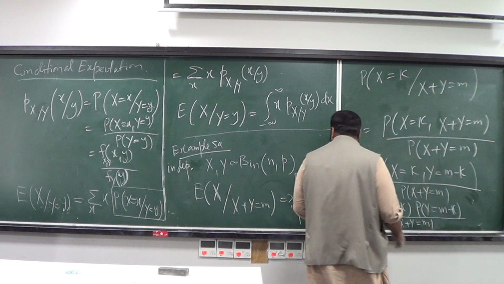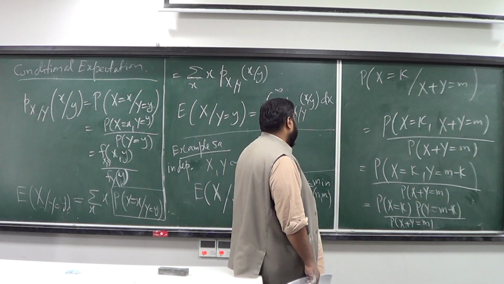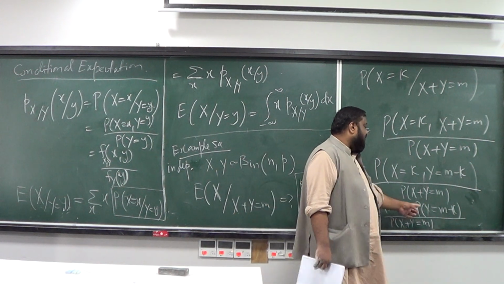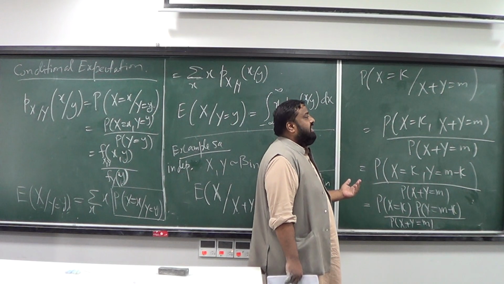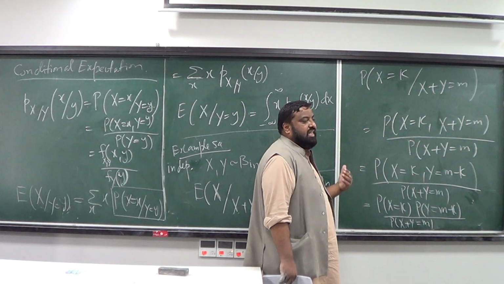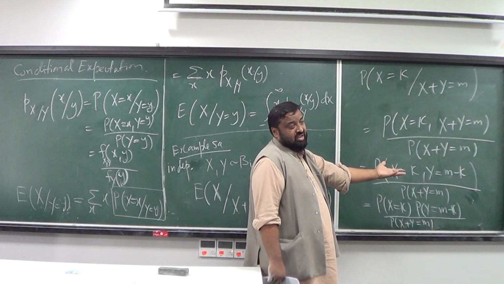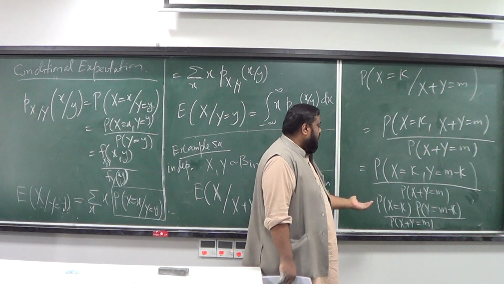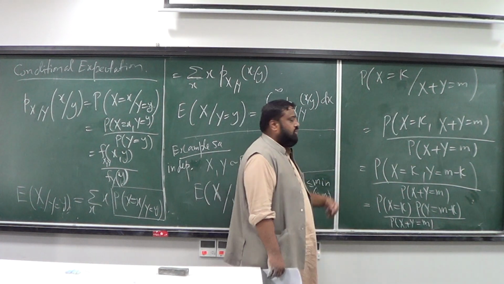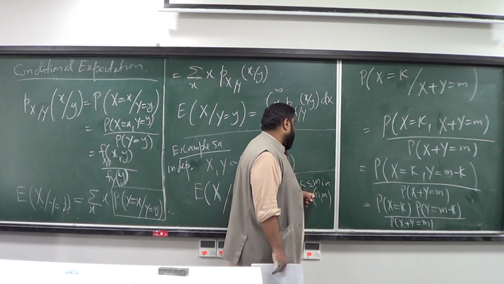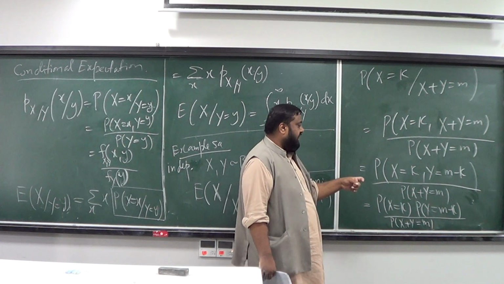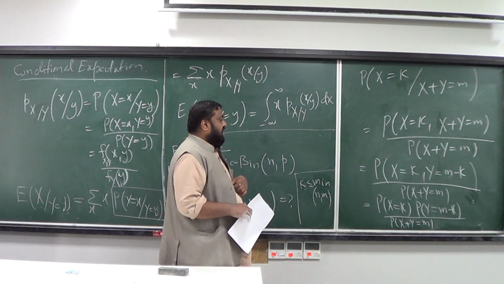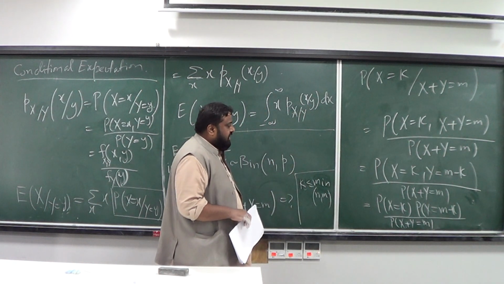Another reason for taking k at most the minimum of n and m is so that X and Y take values in the allowed range. In other words, the value that X takes should not go beyond n, and the value of Y should also not go beyond n. If you have this assumption, this must be true, because k is less than or equal to m, and m minus k is obviously also less than or equal to m.